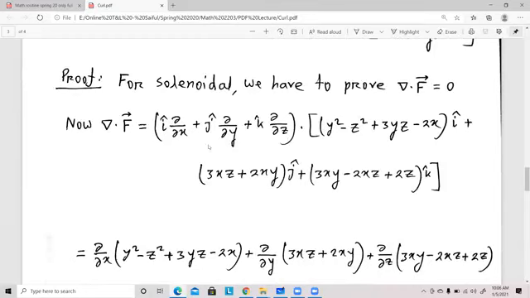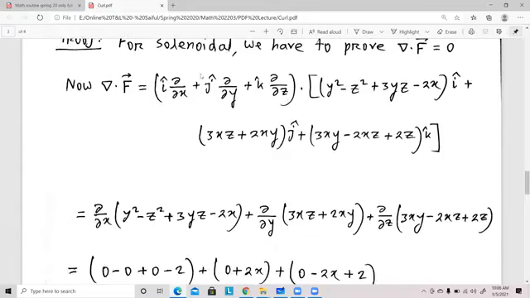That means for the first term i dot i is 1, and we get del by del x into y square minus z square plus 3yz minus 2yx. For the second term, del by del y into 3xz plus 2yxy. And for the third term, del by del z into 3xy minus 2yxz plus 2yz.